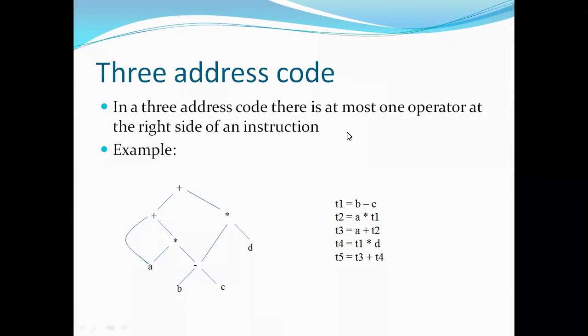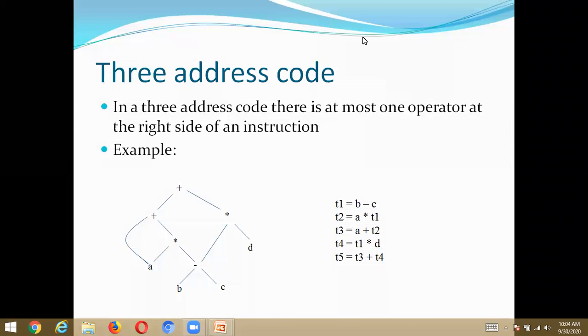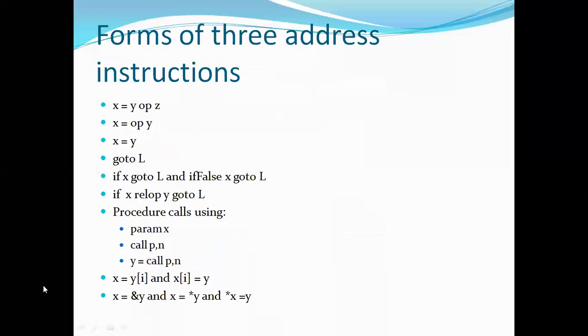With this definition, and knowing how to represent the address statements, that means the intermediate language statements for the given expression, now we are going to learn the forms of representations for three address instructions. Forms of three address instructions.